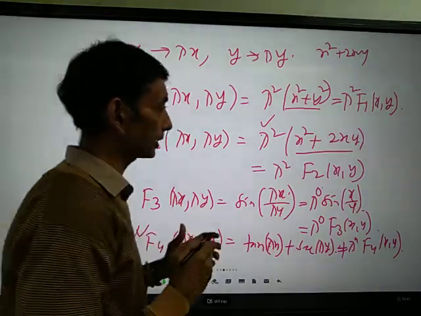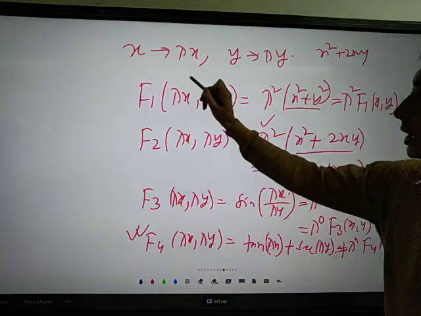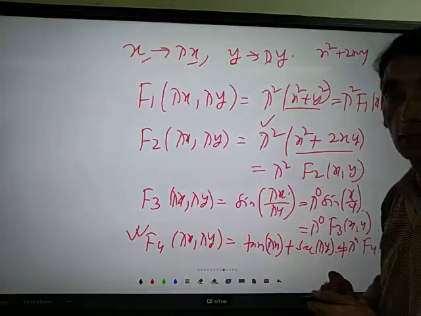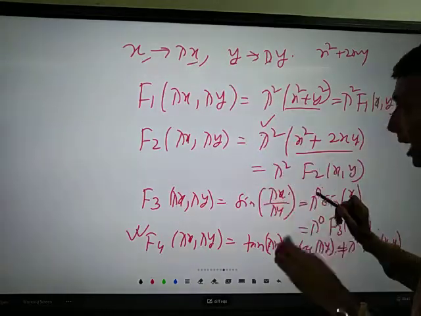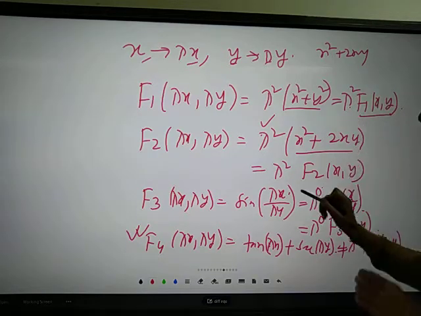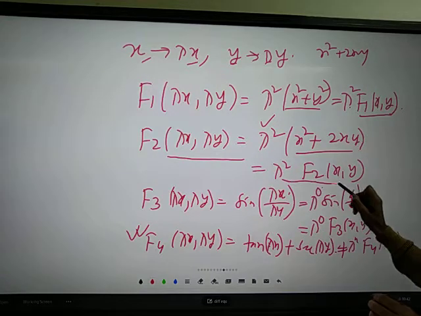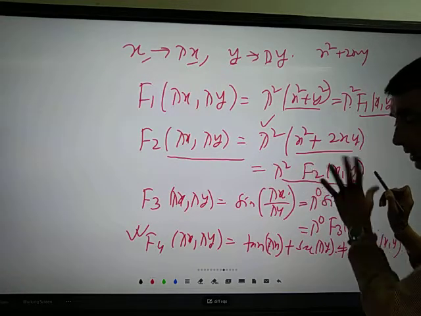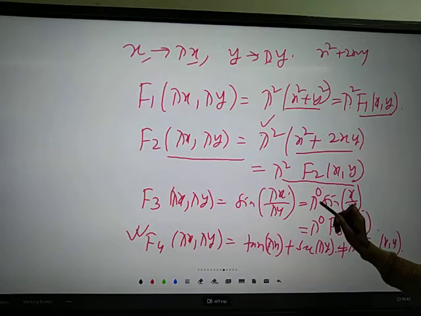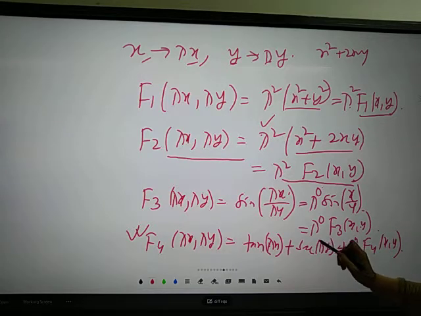Now what we have seen is that in each and every function, in case x and y are replaced by lambda x and lambda y, then the function can be written in the form of lambda squared times the original function. The second function also can be written as lambda to the power 2 into the original function, and the third function can be written as lambda to the power 0 f3 xy, but in the fourth function you can't take lambda out.